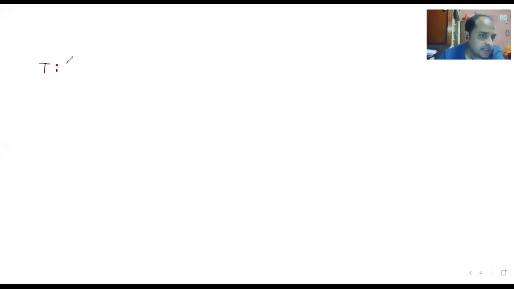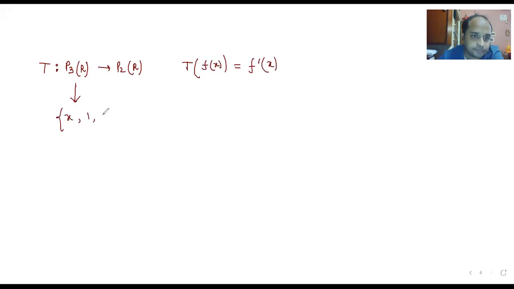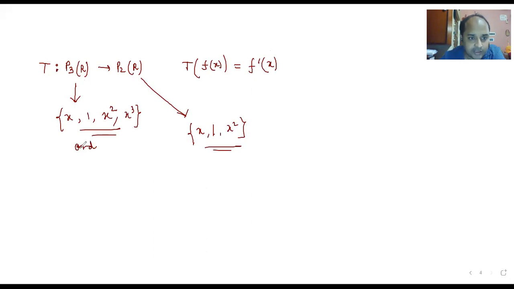T from P3(R) to P2(R), and the matrix representation of this transformation is chosen, and the ordered basis of P3(R) is selected as this. And the ordered basis of P2(R) is selected as x, 1, x square. This is my ordered basis now, not the standard ordered basis.